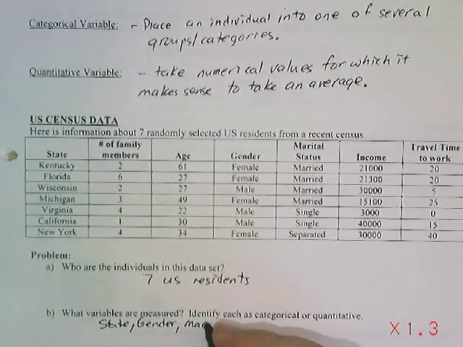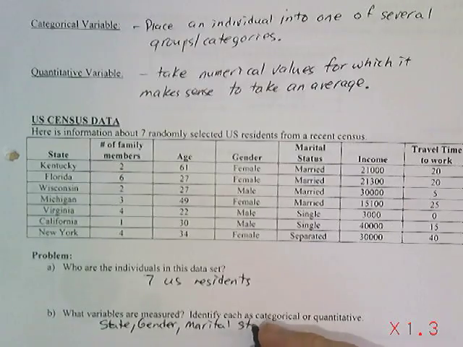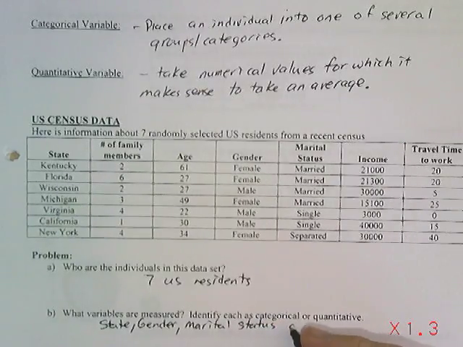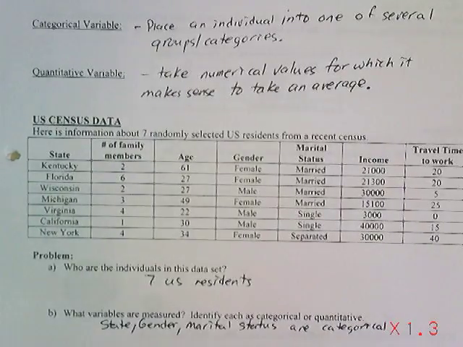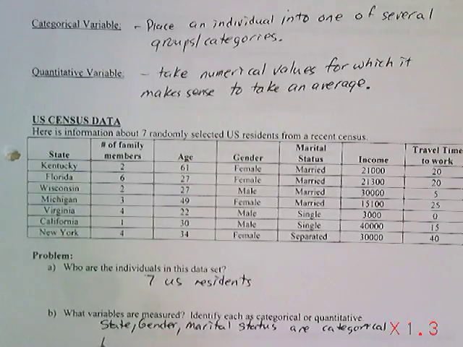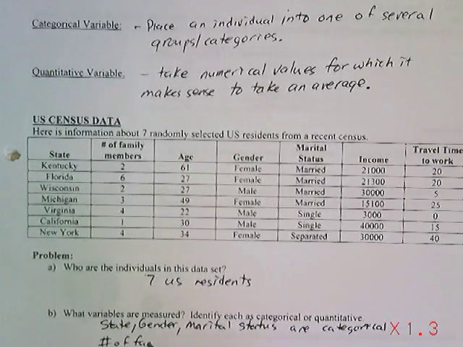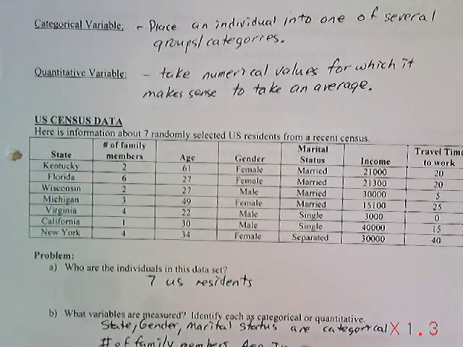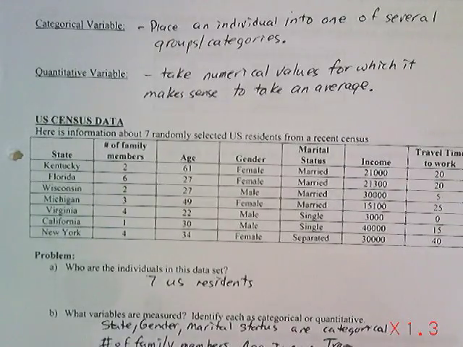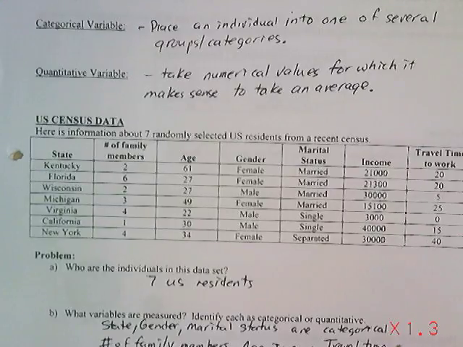A 61-year-old female from Kentucky, married with 2 family members, an income of $21,000 and travel time 20 minutes.